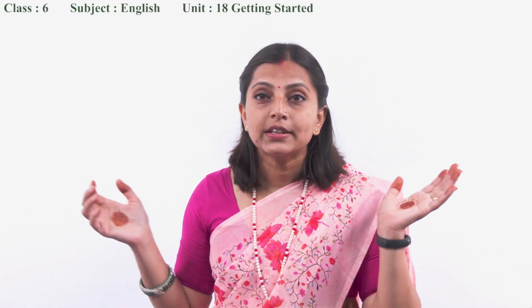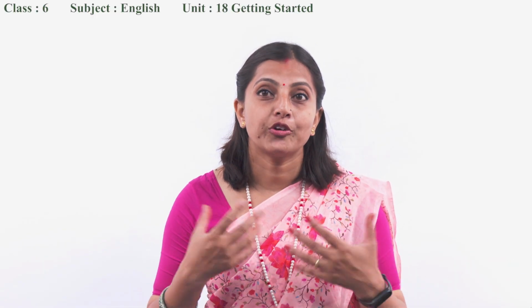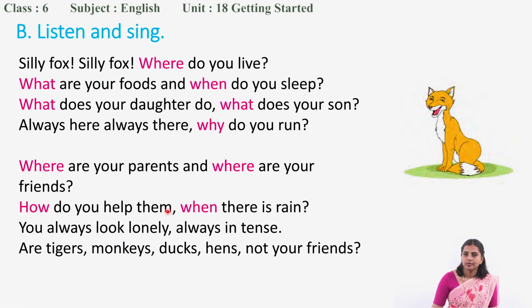Where are the other foxes? Why are you always running alone? How do you help them? Them means his family and friends. How do you help them when there is rain? Why do you think they need help when it is raining?